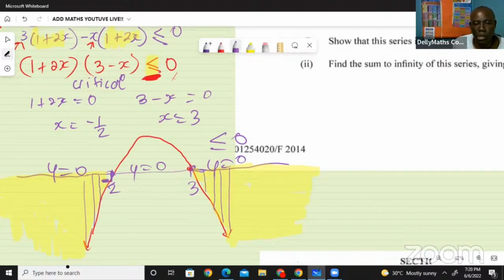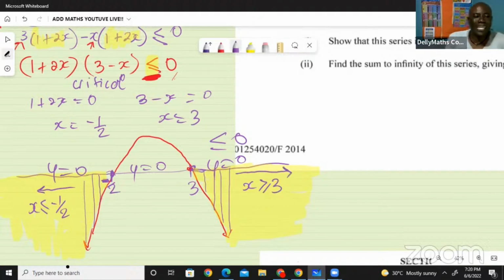A quick description is that over here, x is less than or equal to negative a half because we're going that way to negative infinity. And over here, we could say x is greater than or equal to positive 3. That means we're heading that way to positive infinity. So basically, we need to combine the ideas to write one complete thing. These 2 things are correct.